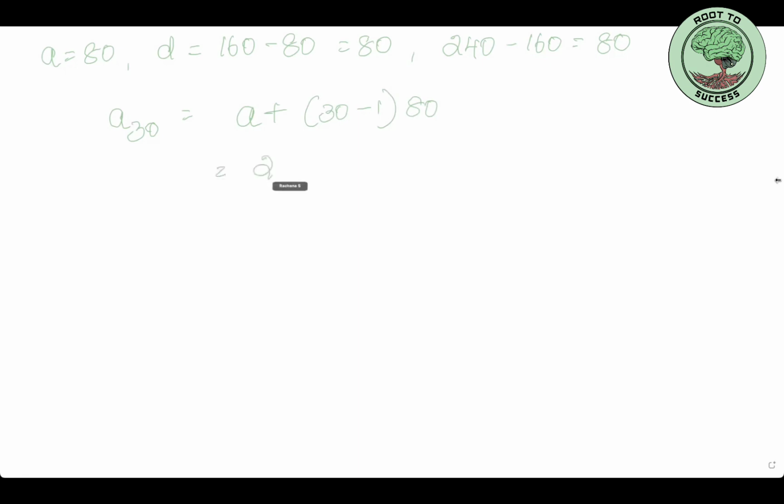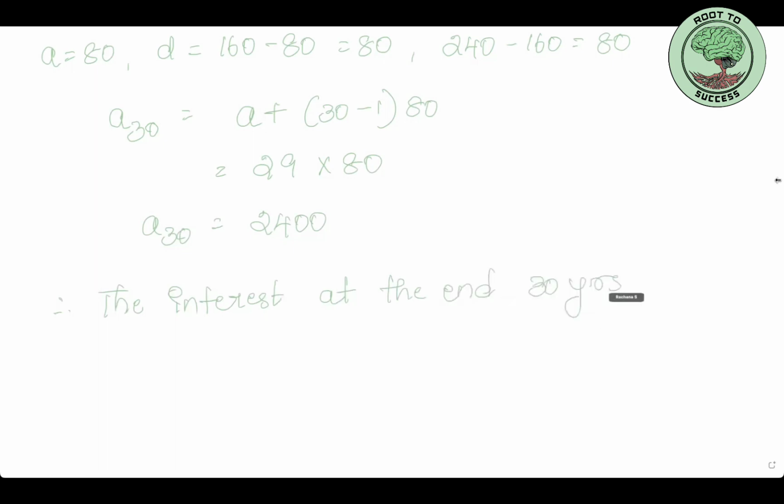It will be 29 into 80. So A30 will be 2400. So therefore, the interest at the end of 30 years will be rupees 2,400.